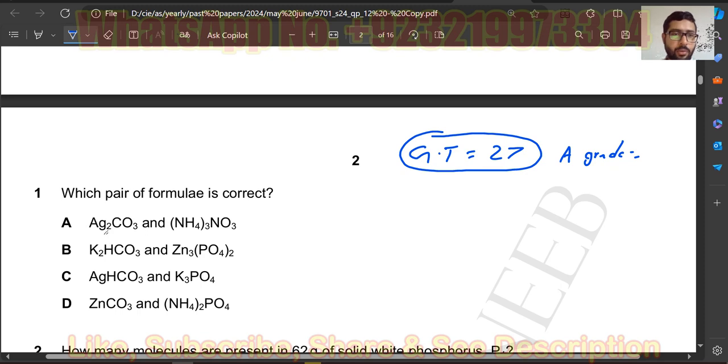For example, here you have the formulas of the silver ion, potassium ion, zinc ion, and then you have ammonium ion, nitrate, phosphate. You need the correct knowledge of the ions before constructing the right formula of the compounds. So I have done the working for you, so let's skip to the working.